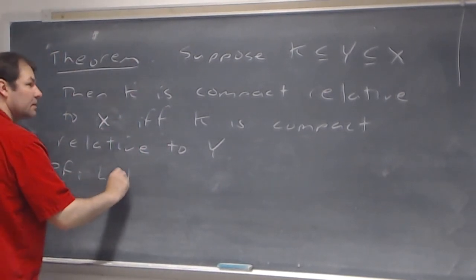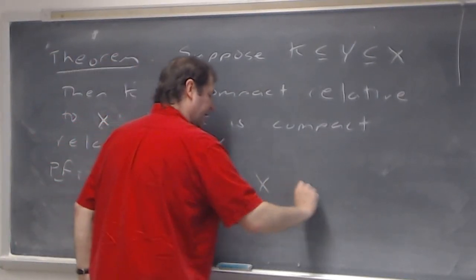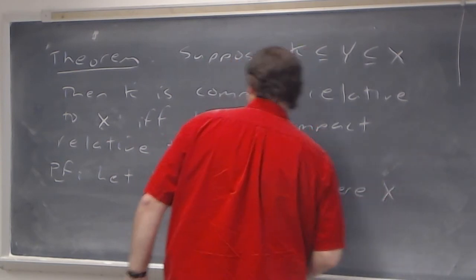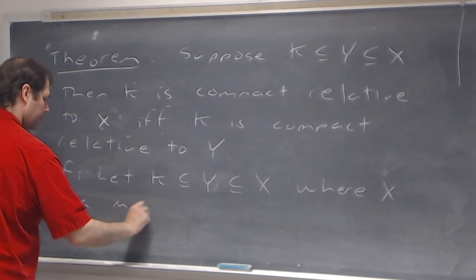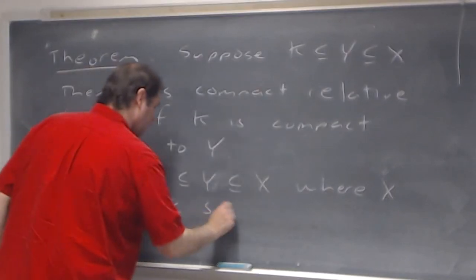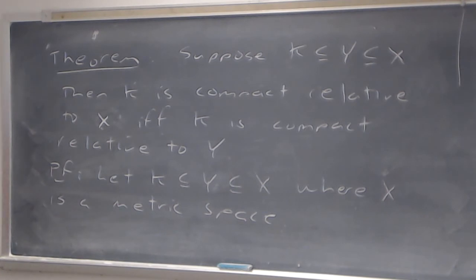Proof, let's let K be a subset of Y, be a subset of X, where X is a metric space. Okay, so here we've got two directions.